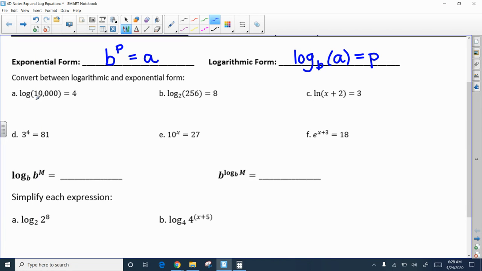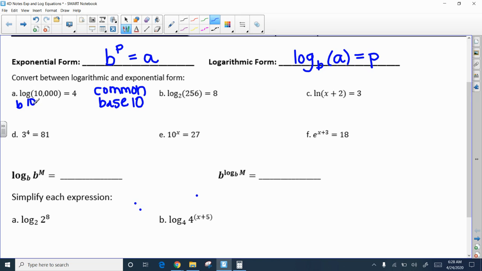There's no base written, so hopefully we all remember that this is the common log. If there's not a base written, it means it's a base 10 logarithm. So the base here is 10. First of all, make sure we know what form this is in. This is obviously in logarithmic form because it literally says log right there.